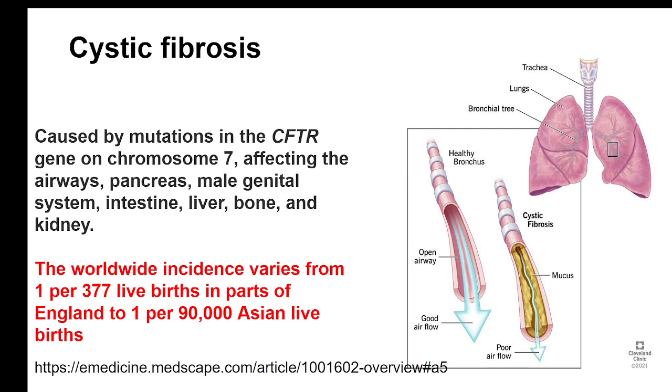At the same time, it also affects secretions in other organs like the lungs, the genital organs, intestines, liver, and so on. So there is multi-organ involvement, which results in fibrosis.